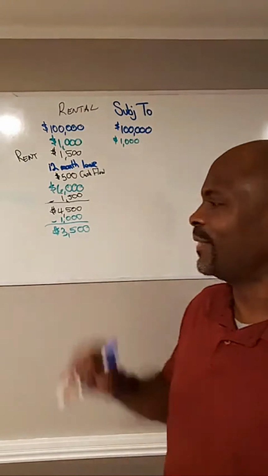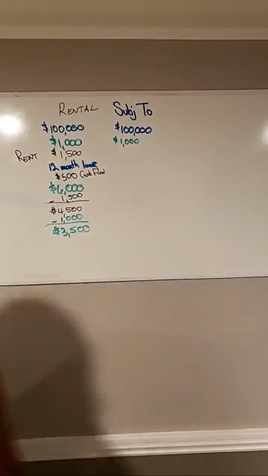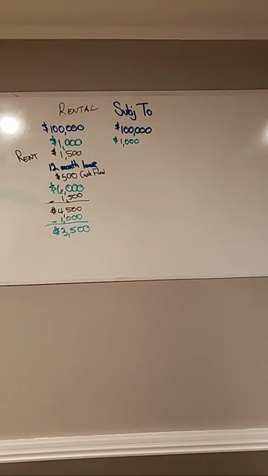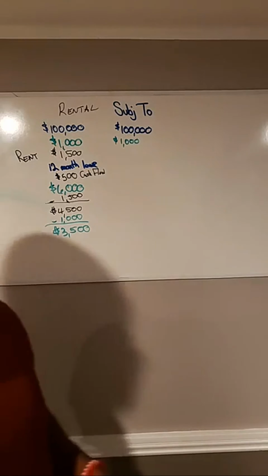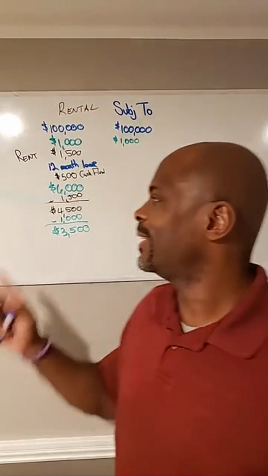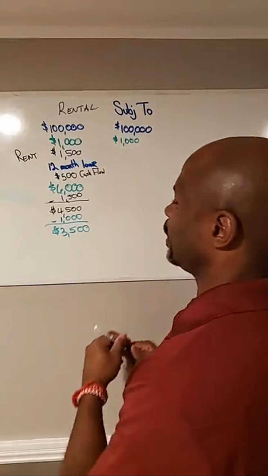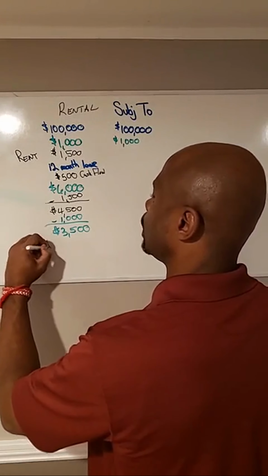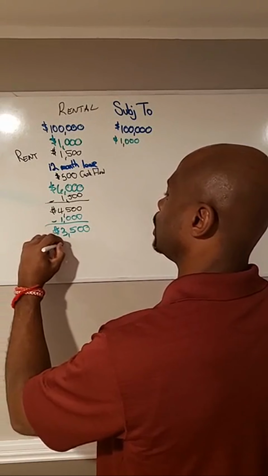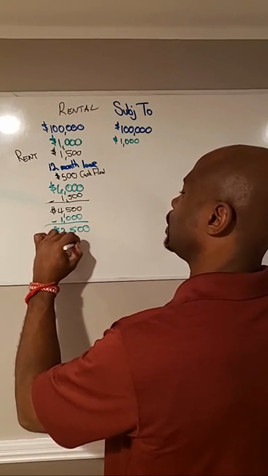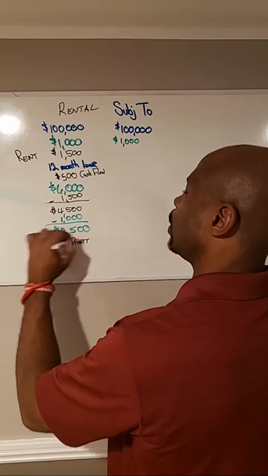So now you're at $3,500. Are you excited about that kind of money? Typically, not a lot of people are going to be excited about $3,500 profit in a year's profit. Or I should have said net.